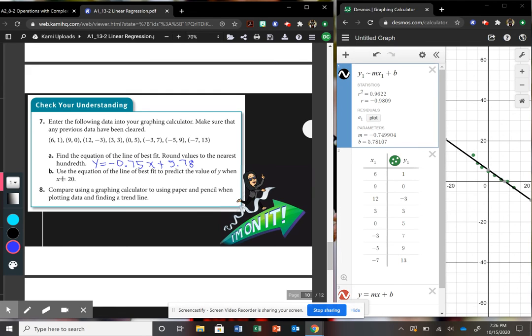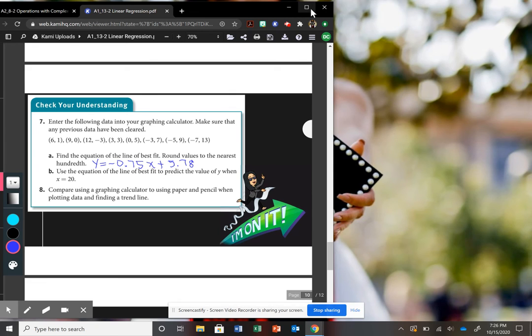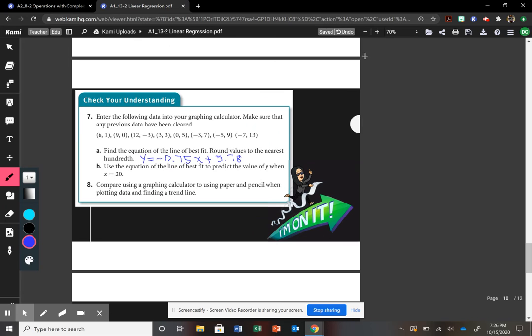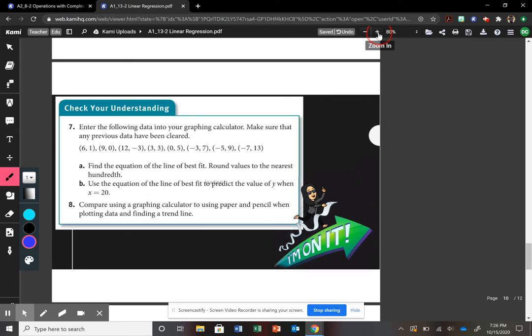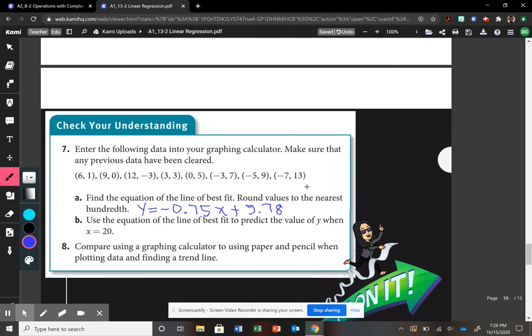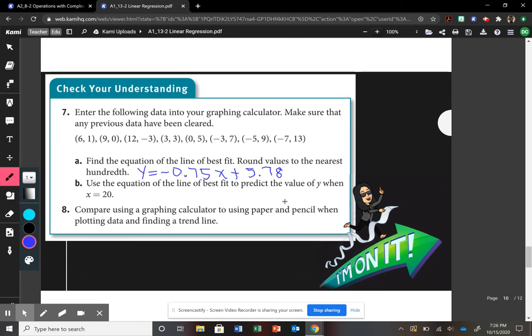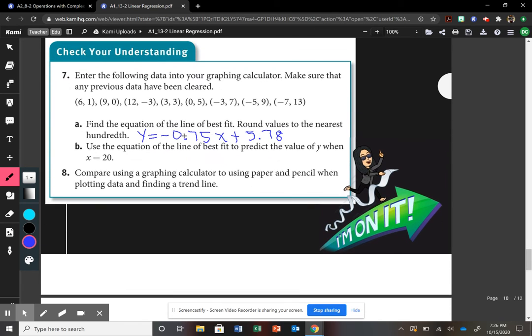So now part B says, use the equation of the line of best fit to predict the value of y when x equals 20. Okay, so I'm just going to minimize this and get this up and running again, just so we can see. So we're using this, so now we have our line of best fit.